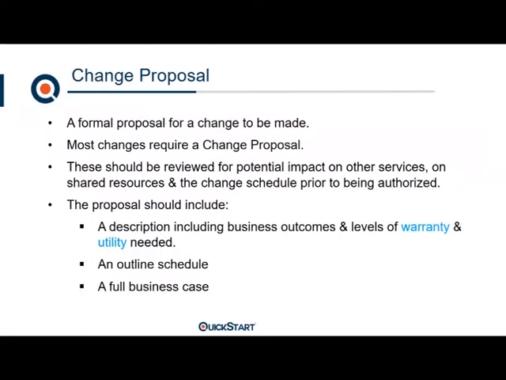So this is what you write down. And then there are two things we should keep in mind when we go through this document: we need to define warranty and utility in this proposal.